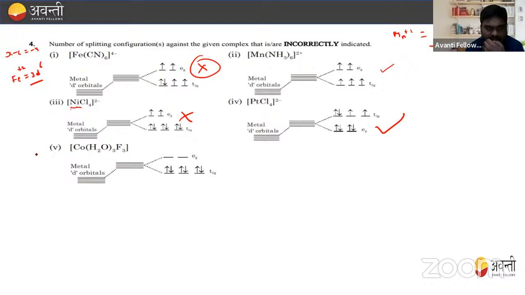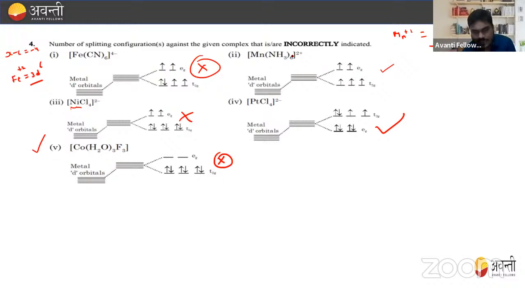And the next one is Co(H2O)6. So here the ligand is weak. So a total of 6 ligands are there, the t2g. So this one is also incorrect, right? So this is also incorrect. This is incorrect, and this is incorrect. This is incorrect, and only this one is correct.